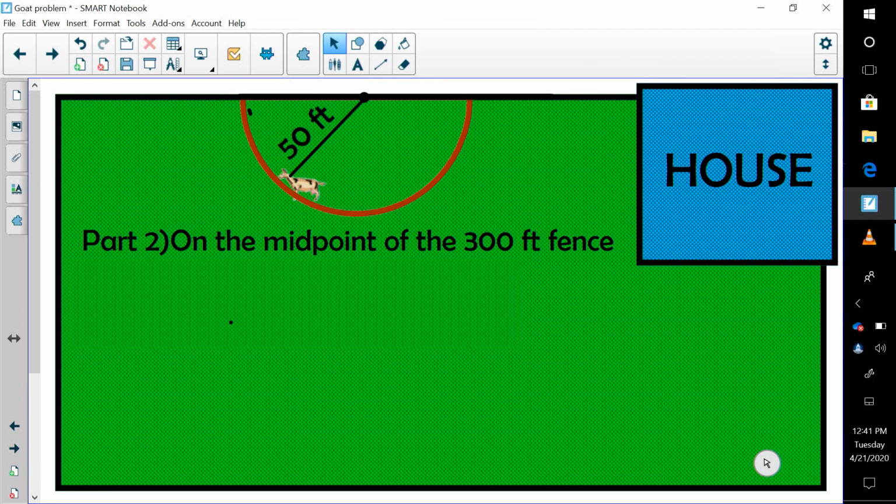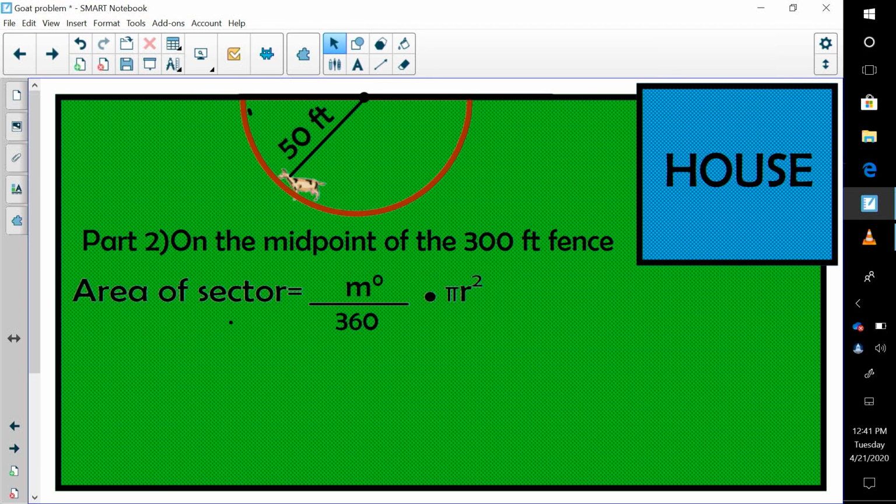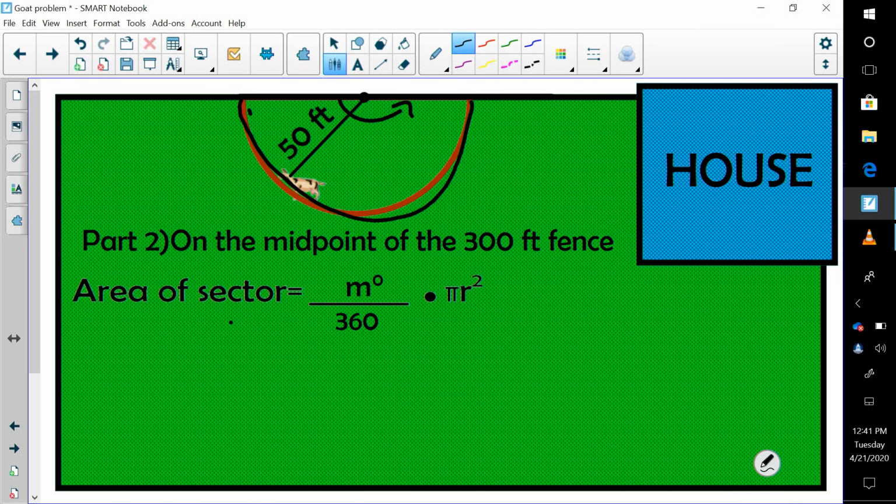If you recall, the area of a sector is m over 360 times pi r squared. The question we have to ask is, what is the central angle measure here? What is this angle measure, which is equal to the intercepted arc? It is 180 degrees.